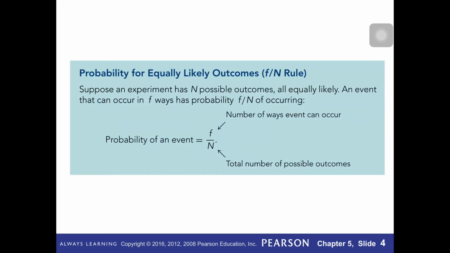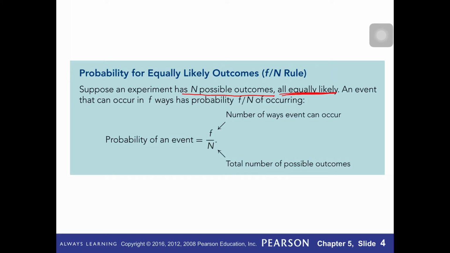Probability is for equally likely outcomes, simply the frequency divided by the total number of outcomes. As you can see here, we have capital N possible outcomes, all equally likely.